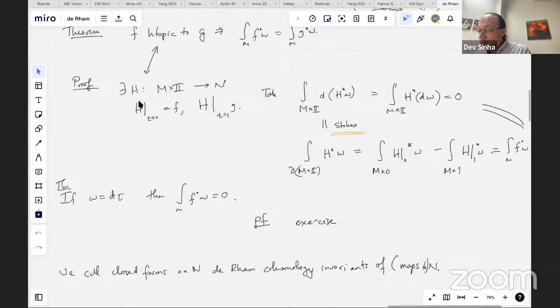And then the kernel of the differential, those are our closed forms, modulo the image of the differential.